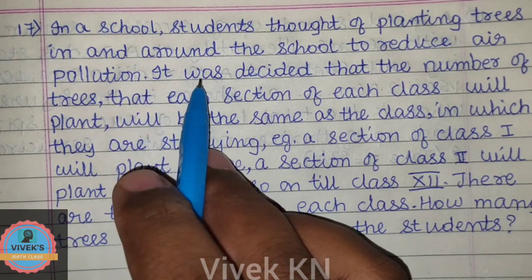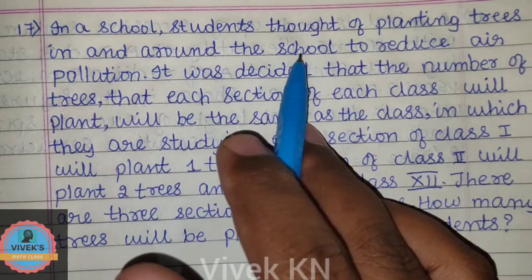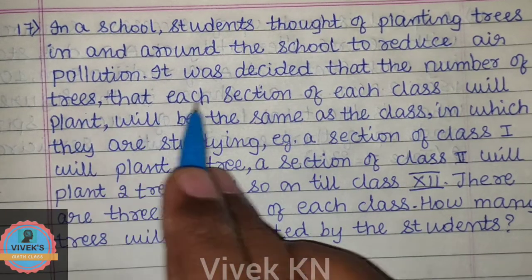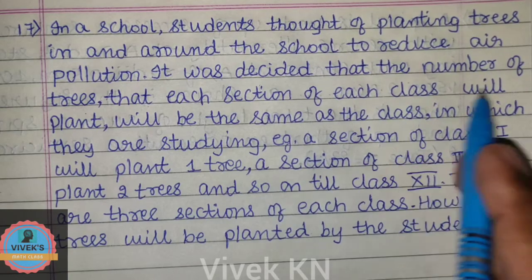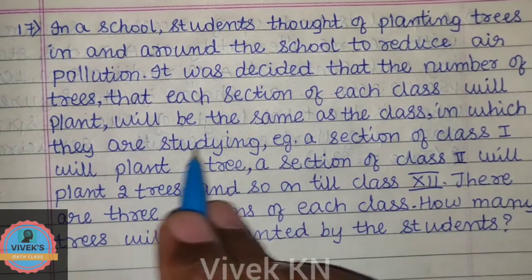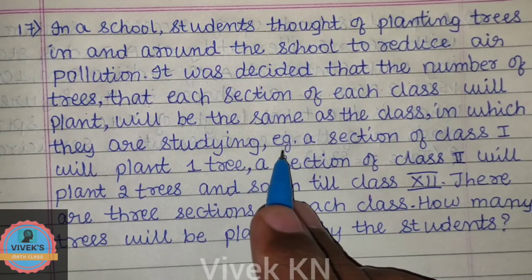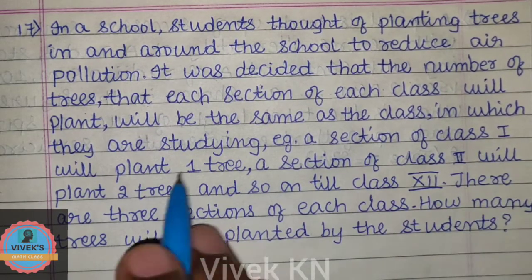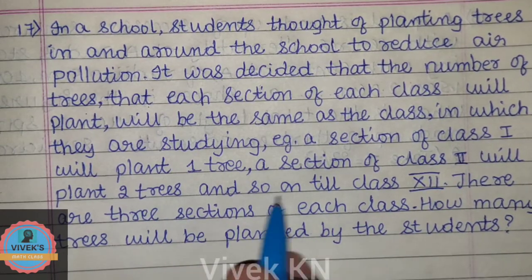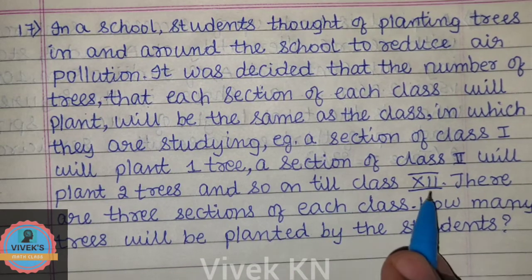They have decided to plant the trees in such a way that the number of trees that each section of each class will plant will be the same as the class in which they are studying. For example, a section of class 1 will plant 1 tree, a section of class 2 will plant 2 trees, and so on till class 12.